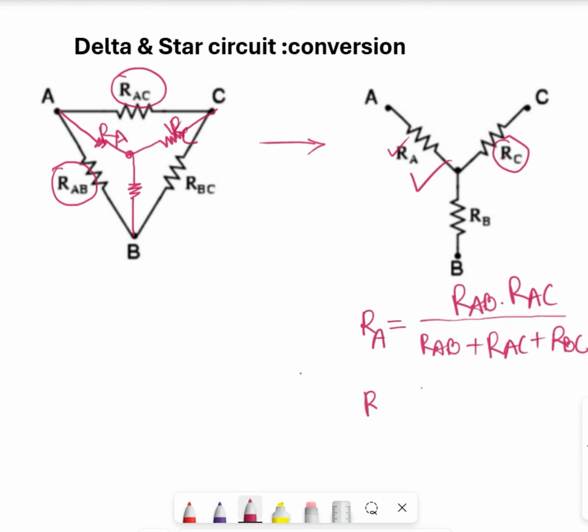So RC is equal to the same denominator, RAB plus RAC and RBC, and in the numerator the two resistors next to RC, so we have to count RAC and RBC.